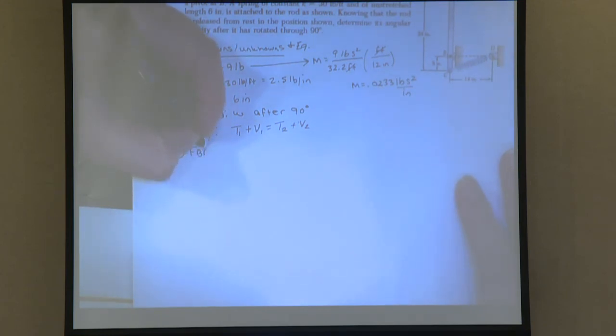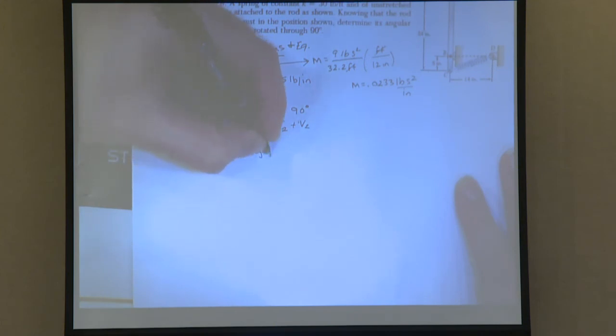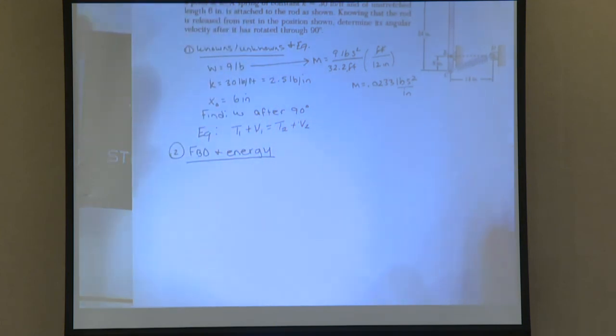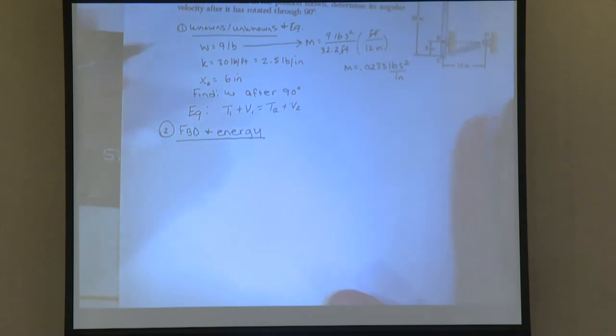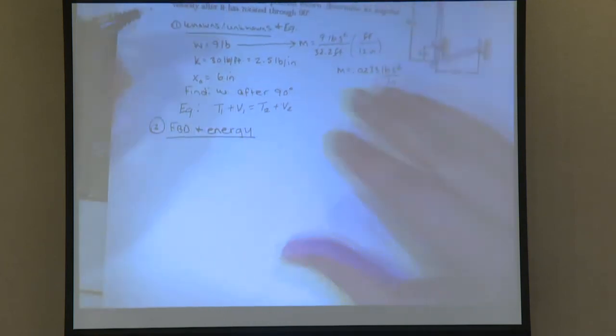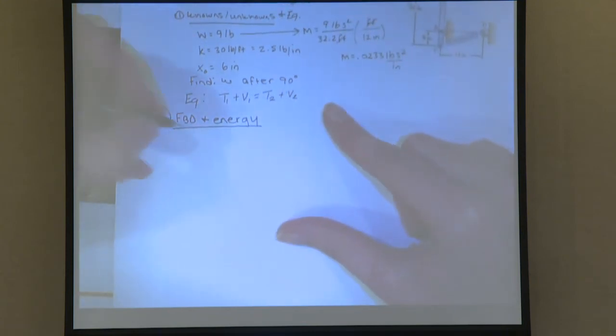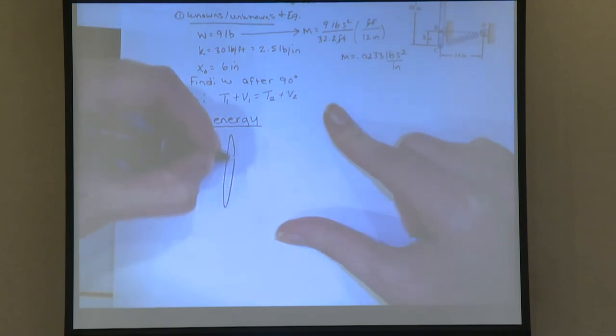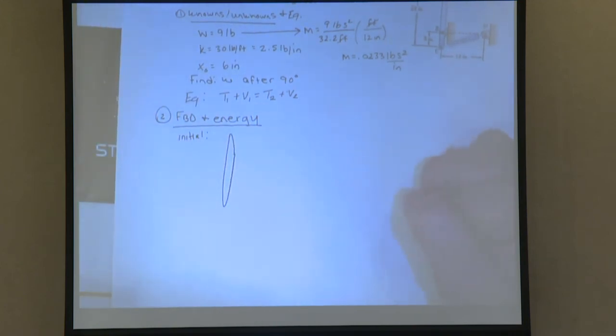Let's draw some diagrams to figure out what is happening here. In position 1, oh man, my back is starting to hurt from this. For position 1, I'm going to draw my initial position. The rod is vertical, and I'm just going to draw the forces that I have.